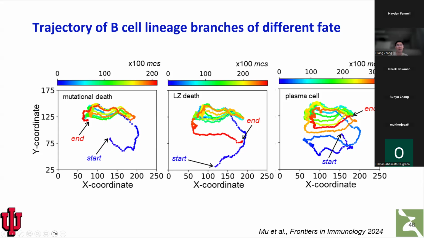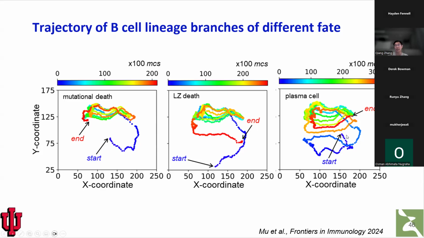Then these cells die over here in the dark zone as a result of what we call mutational death. And these cells, starting over here, after going through a number of migrations back and forth, die over here in the light zone because they are now being selected, positively selected.